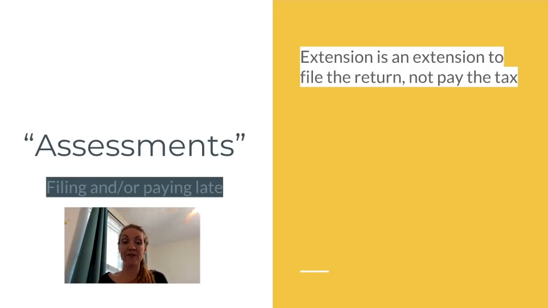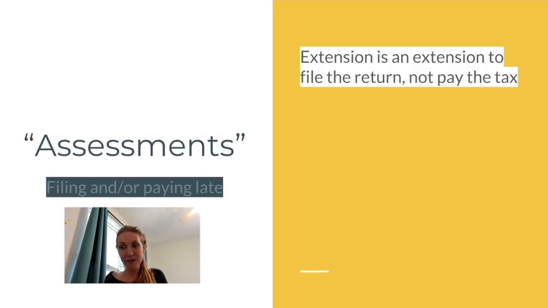Assessments. So if you're filing and are paying late, an extension is an extension to file your return, not pay the tax. So you can file an extension before April 15th, and that means you can file 6 months later, by October 15th, but that doesn't extend the time to pay the tax.